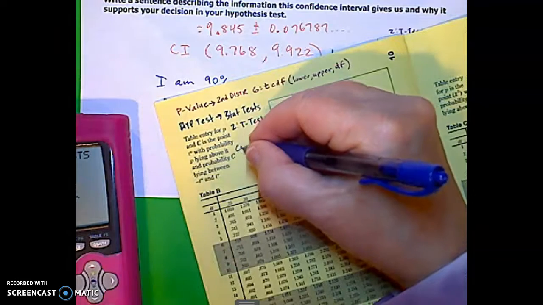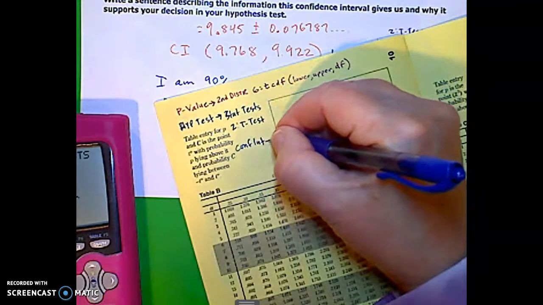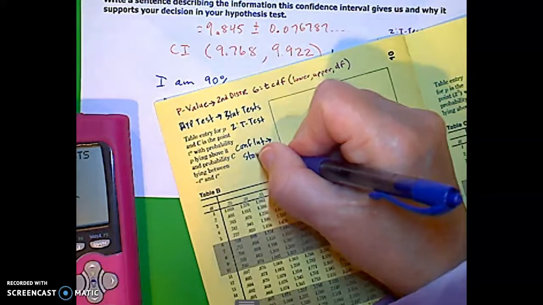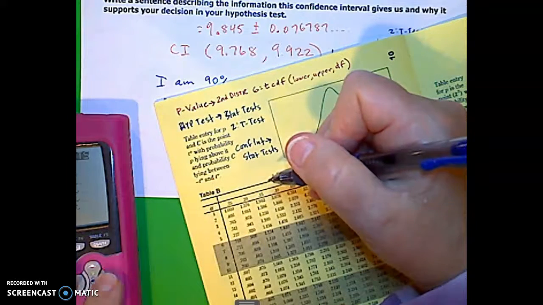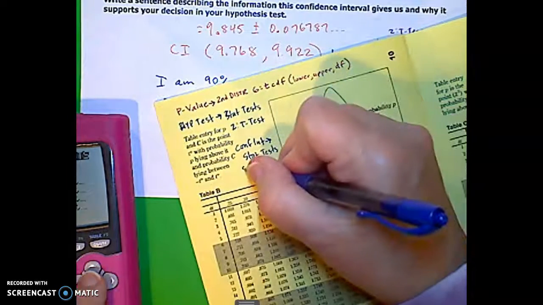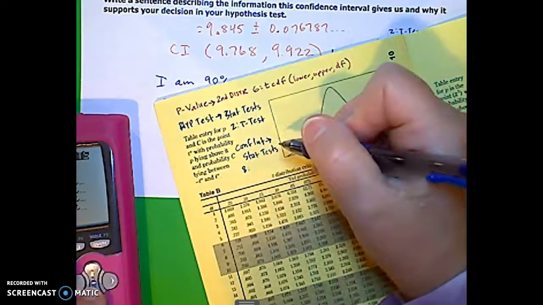And then confidence interval is going to be stat tests. What number was it? Number 8, t-interval.